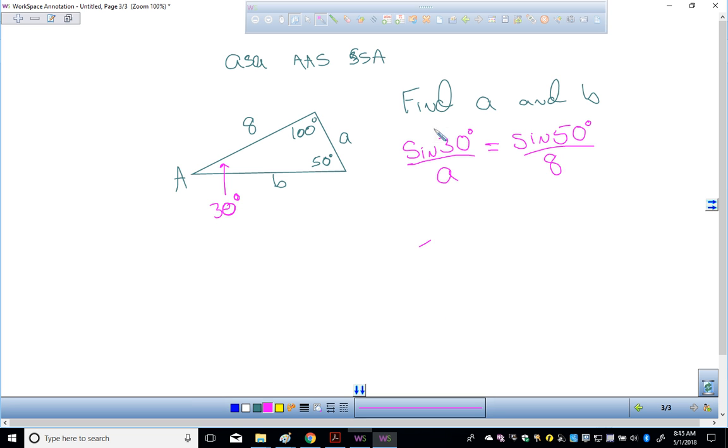And then I need to solve this equation for A. How do I do that? Cross multiply. Very good. So your first step is to cross multiply, and I get 8 sine 30 degrees equals A sine 50 degrees.